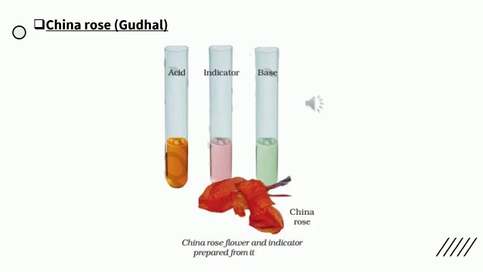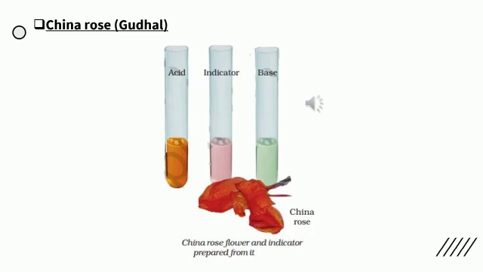Okay, so China rose indicator turns acid solution to dark pink. If the substance consists of acid, then it turns pink or somewhat magenta color. And basic solution turns green. Okay, and this is about the China rose indicator.